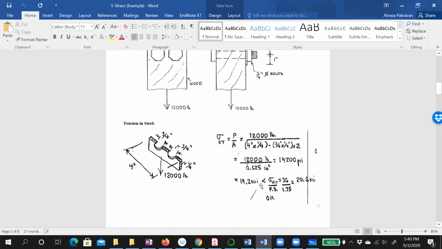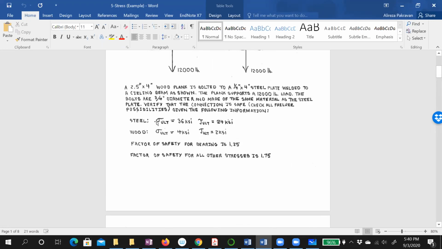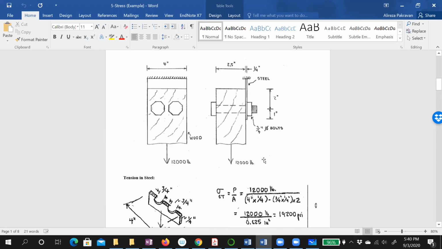So sigma allowable, as we said in the last lecture, is sigma ultimate, or sigma y, divided by the factor of safety. So let's go back. Sigma ultimate for the steel is 36 KSI. The factor of safety is 1.75. For bearing, it said to use 1.25, but for tension, use 1.75, right?